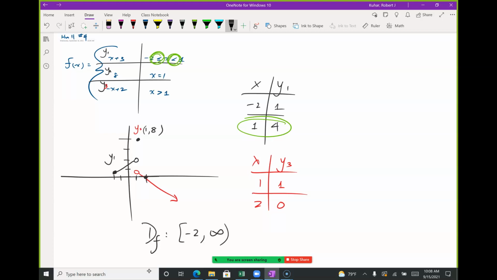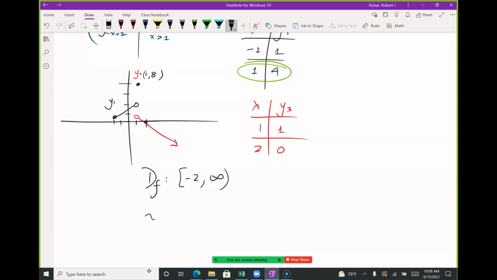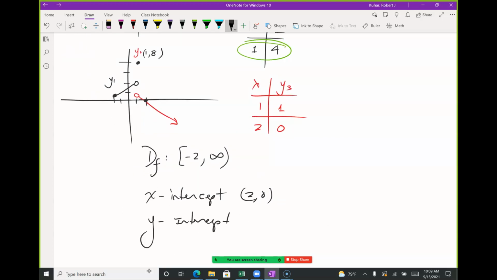And since I can never get to infinity, I use an open parenthesis. Locate any intercepts. It looks like I have a clear x-intercept, which came from me graphing at 2, 0. And I get a y-intercept of 0, 3. Does everyone agree with that? Just by plugging in values real quickly.